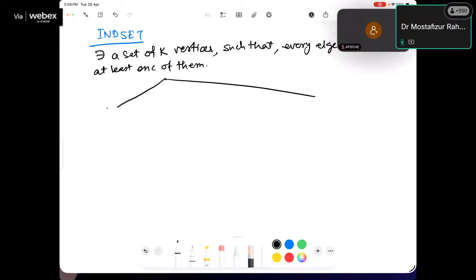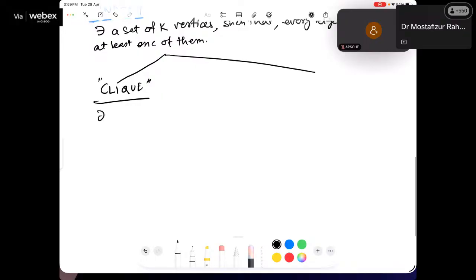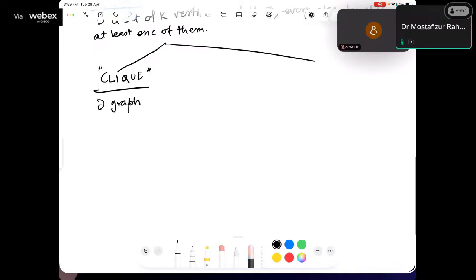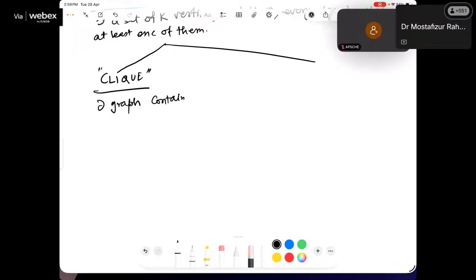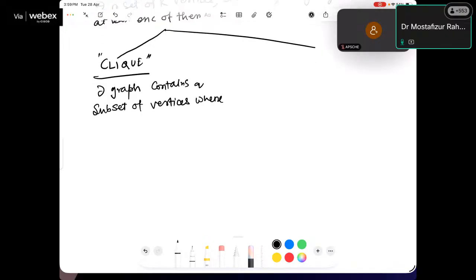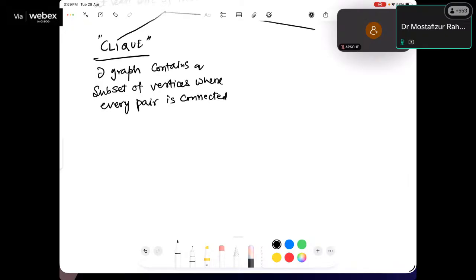One is called the clique. Does there exist a graph that contains a subset of vertices where every pair is connected, that means a complete subgraph of size k?